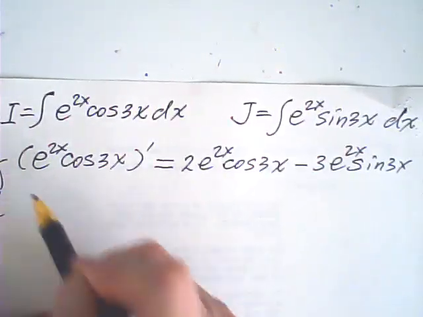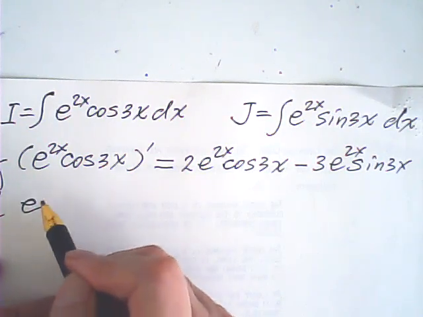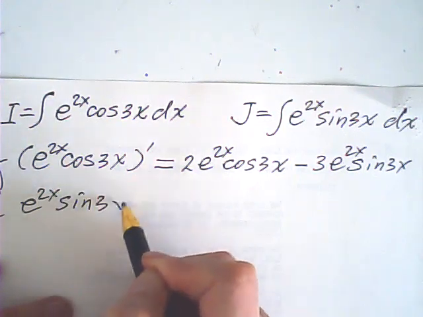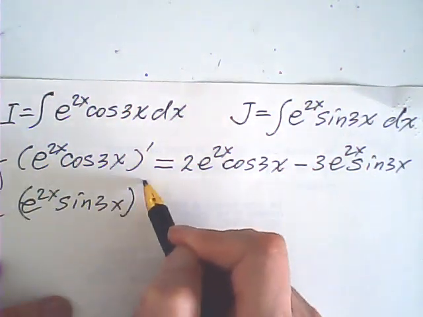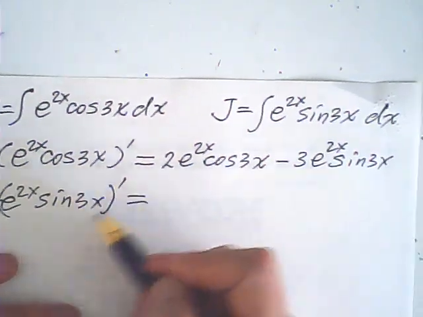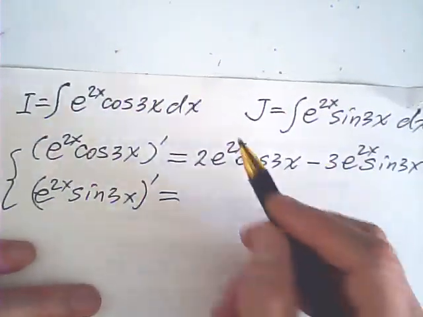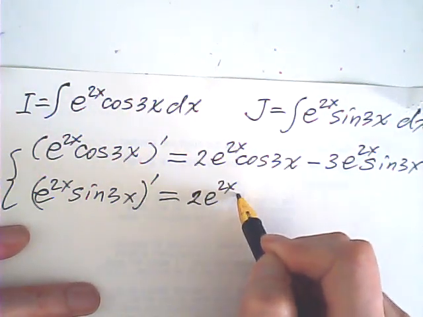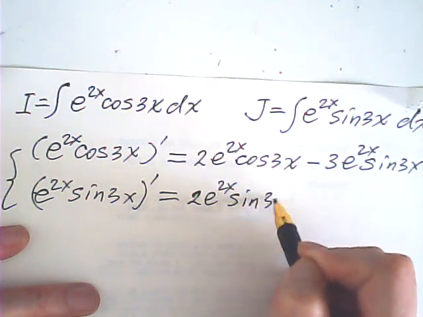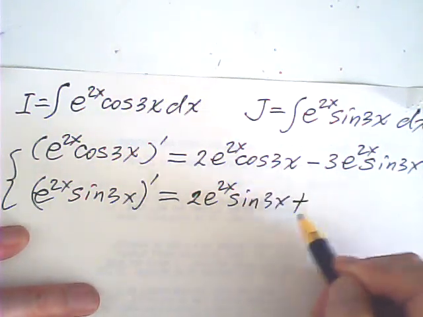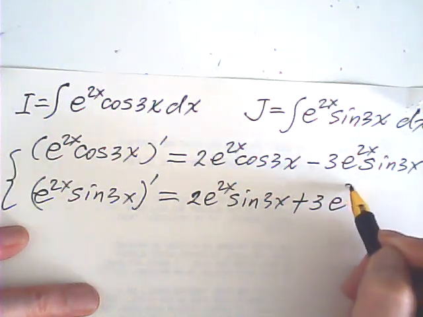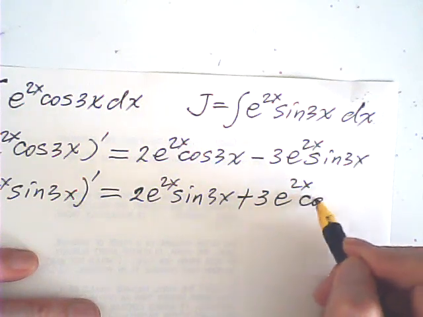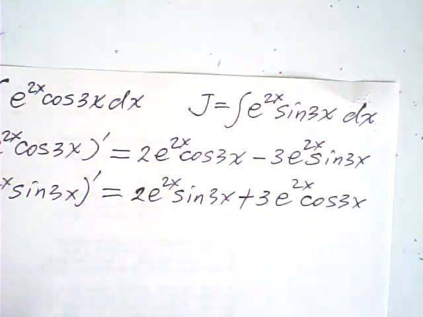And the other one, the derivative of e to the 2x sine 3x, using the product rule, would be 2e to the 2x sine 3x plus 3e to the 2x cosine 3x.